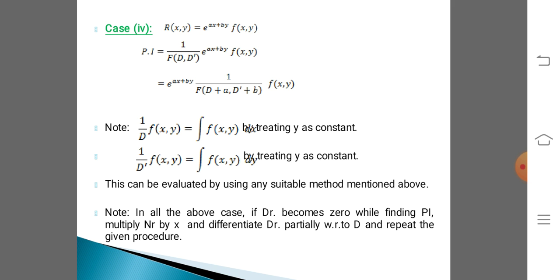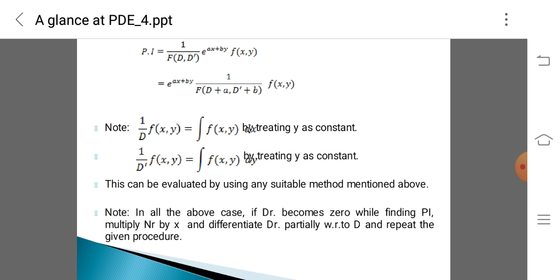So here we have to make a note of one important result. You know, d stands for the partial differentiation with respect to x. Therefore 1 by d stands for the integration with respect to x partially. Okay, d is a differential operator, its reciprocal, namely 1 by d, is an integral operator. It is a partial integration with respect to x.